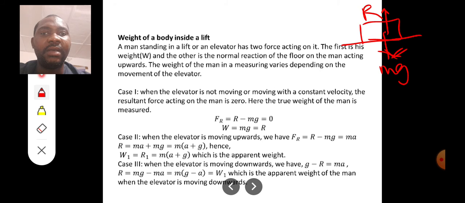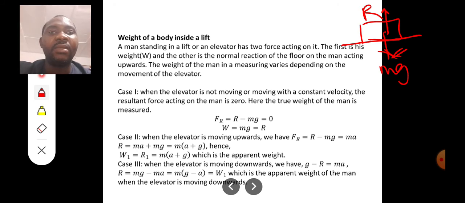Maybe you say R1 because there is a force pulling it upward. It's bigger than R itself. So R1 minus mg equals ma, so R1 will be equal to ma plus mg, which is m into (a plus g). Hence, the apparent weight will be equal to mass into (a plus g). That means it will be heavier.